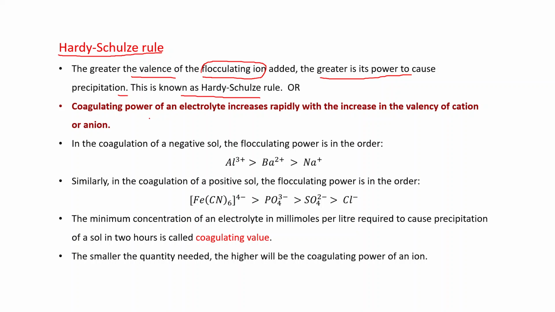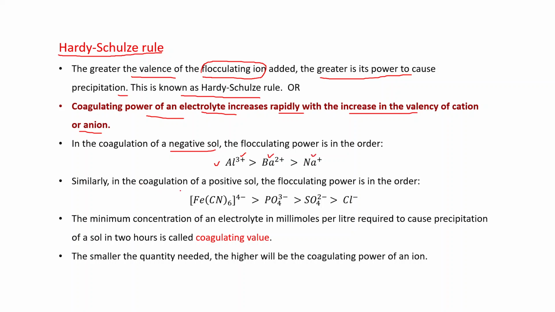We can also say this rule in another sentence: coagulating power of an electrolyte increases rapidly with the increase in valency of the cation or anion. Now see, if we see the negative sol, this is the flocculating power. Negative sol means positive charge ion will coagulate. More the positive charge, more the flocculating power or coagulating power.